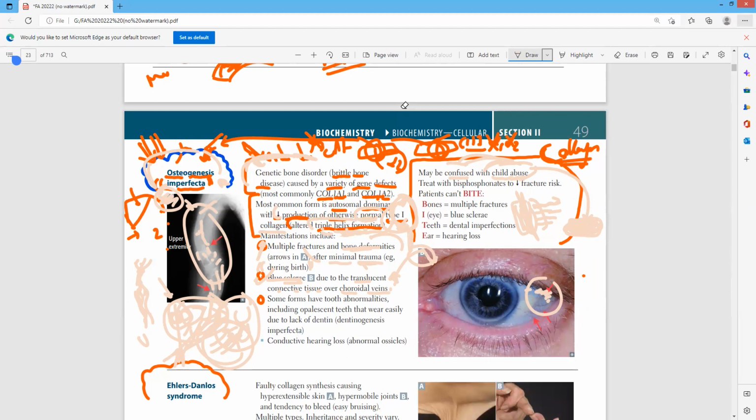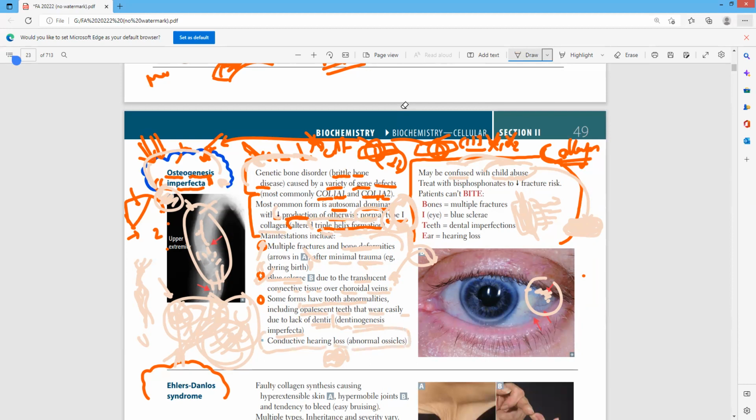You will have tooth abnormality. Remember the dentine; lack of dentine will cause what? It will cause dentinogenesis imperfecta, and this will include opalescent teeth, with discoloration. Instead of being white, it will have this color. You will have conductive hearing loss. Why?